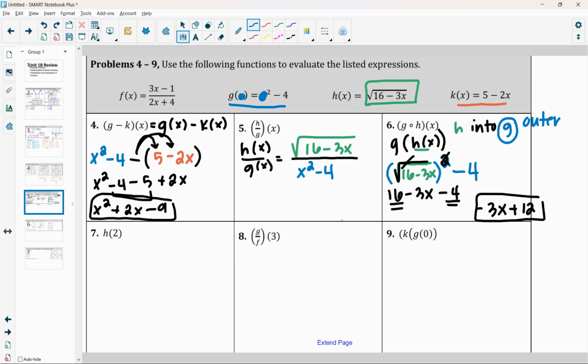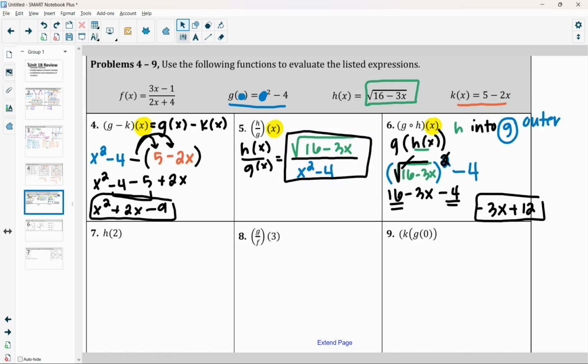Now in these next 3, we're actually plugging in numbers into the function. So up here in 4 through 6, we had a variable. So we kept the equation or the expression. We had x's in each of our final answers. In these next ones, we're plugging in numbers. So we're going to have just a number value as our answer.